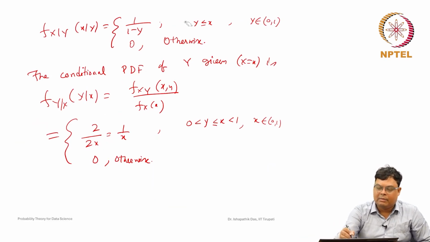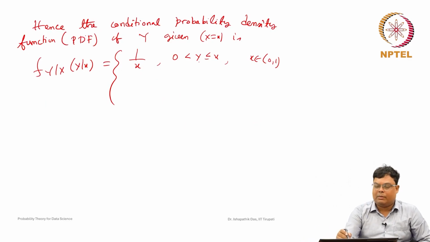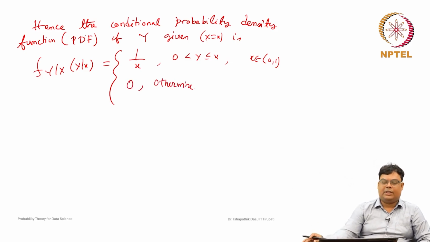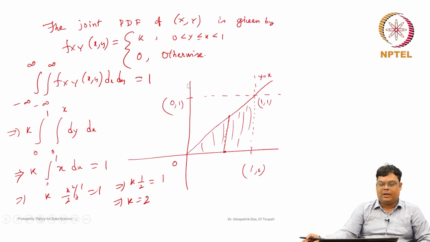It is important what the limit of x is. So, it is 1 minus y, whatever y is, one of the values in the open interval 0 to 1, and it is a uniform distribution in the range y to 1. Finally, we write 1 by x whenever the limit of y is 0 to x, x belongs to 0 to 1, and 0 otherwise. So, this is the conditional probability density function of y given x. This is the final answer.